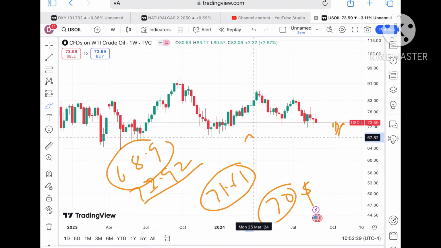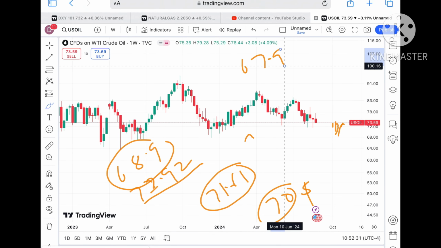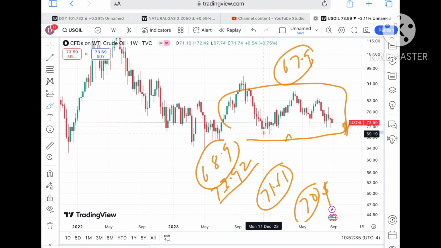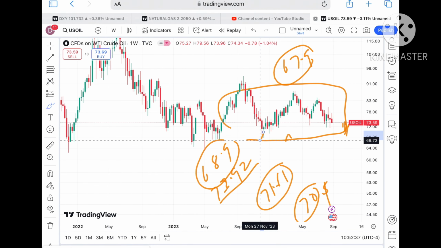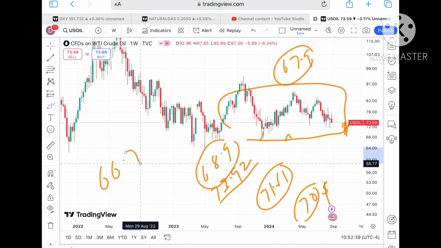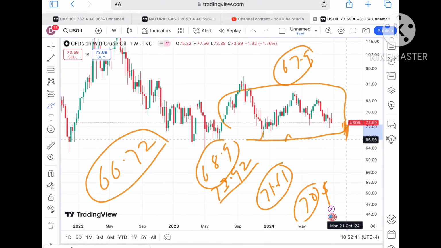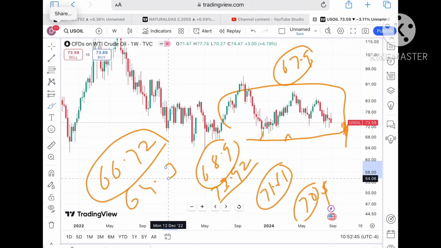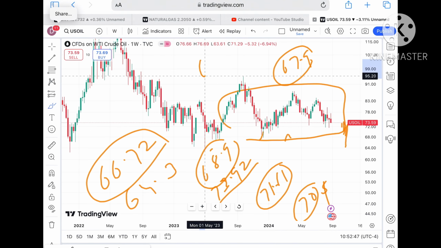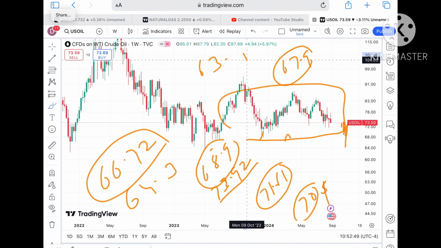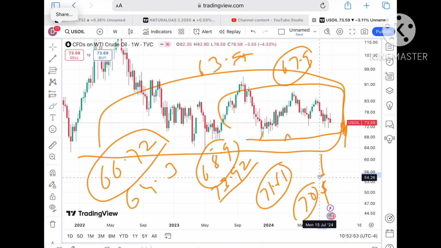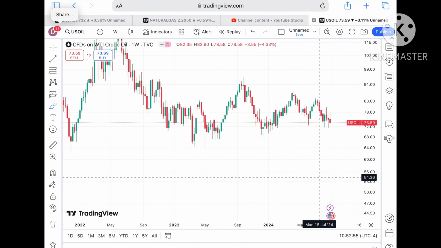Suppose the price starts falling below 68.9, chances of touching 67.9 will be there, and this is the zone where the price is moving. Once it starts falling below this level, we can see it touch a level of $66.72, and from there a further fall towards $64.73, and then it can move towards a level of $63.95, which is its low of this particular zone. So we can see a further fall if the price starts going below this level.